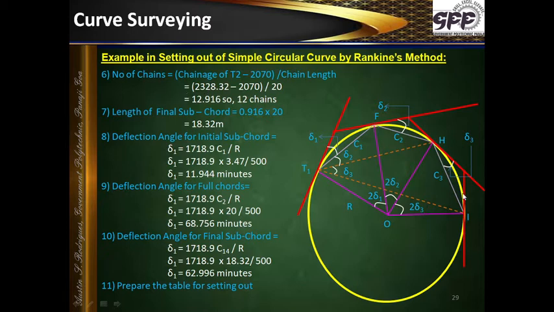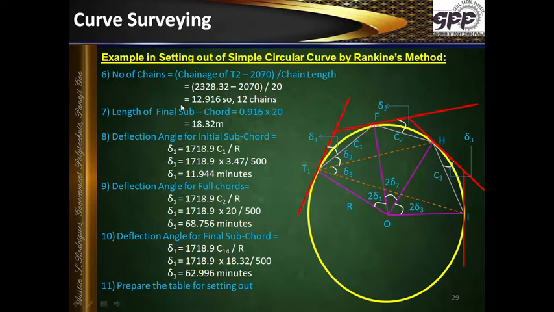Now how many full chains will be required? Number of chains will be chain edge of T2, that is the final chain edge, minus 2070, that is after the initial subchord, divided by the chain length. So chain edge of T2, 2328.32 minus 2070, divided by 20.